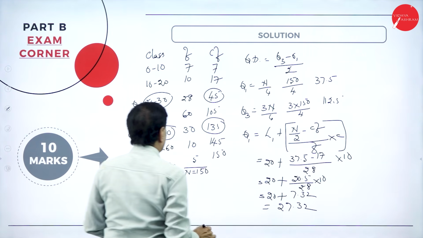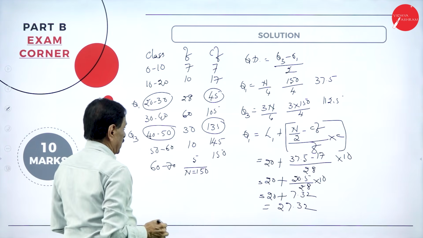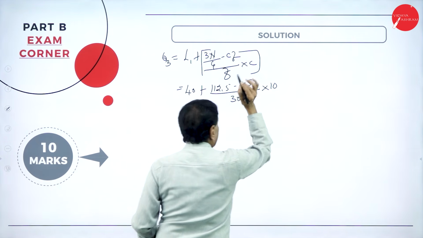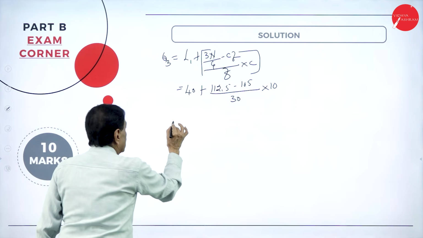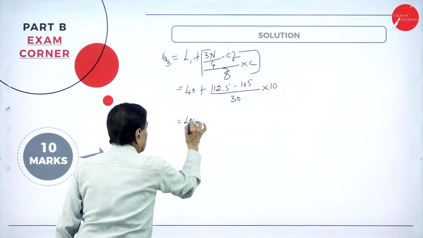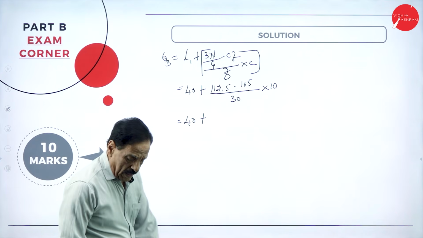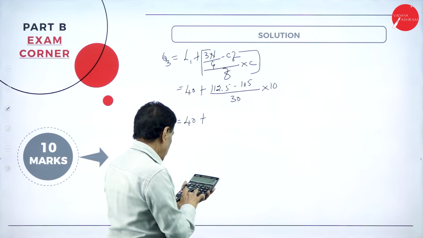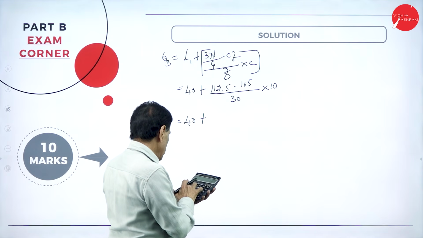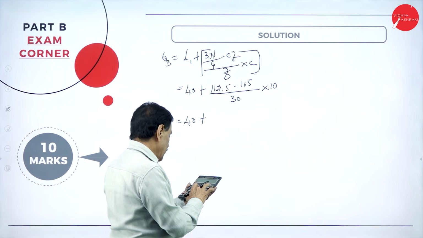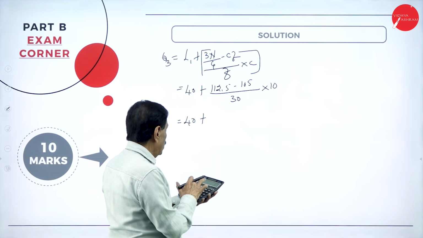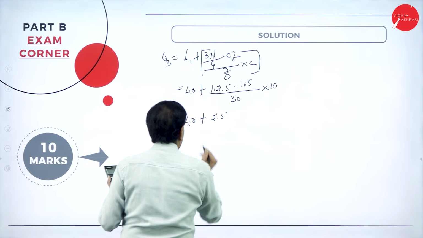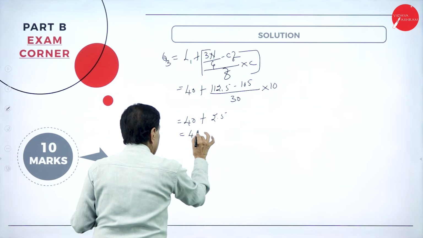Divided by frequency 30. Class interval is 10. This is 40 plus 112.5 minus 105 divided by 30 into 10, 2.5, 42.5.